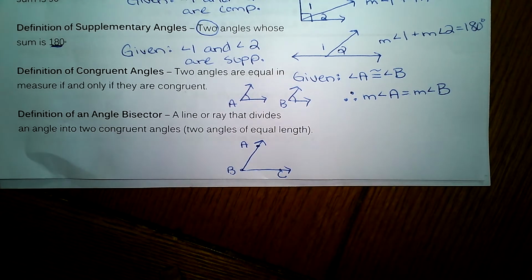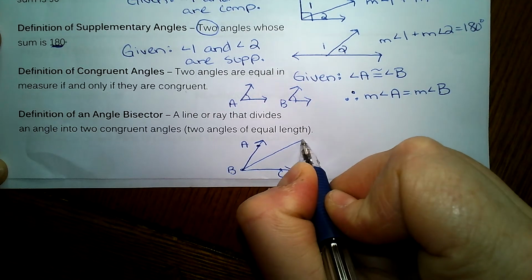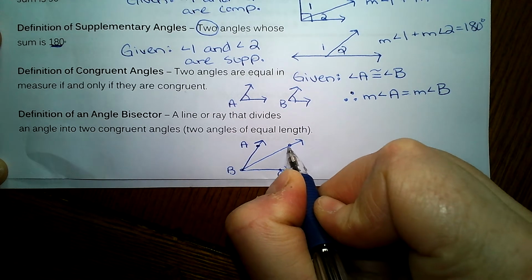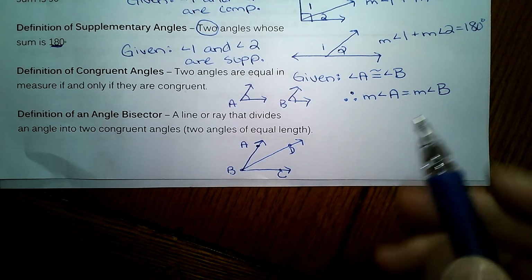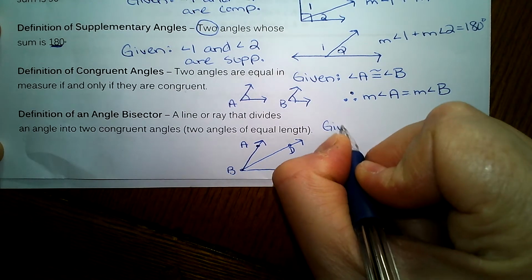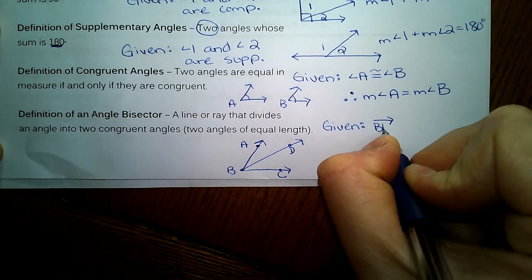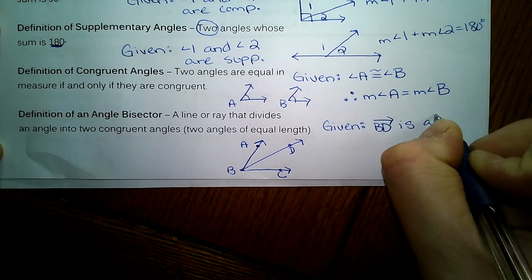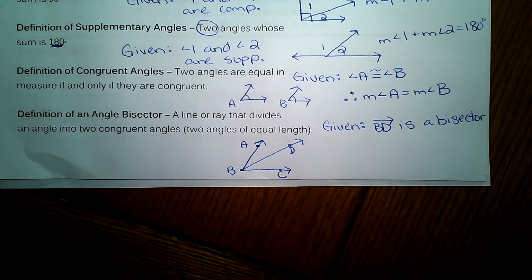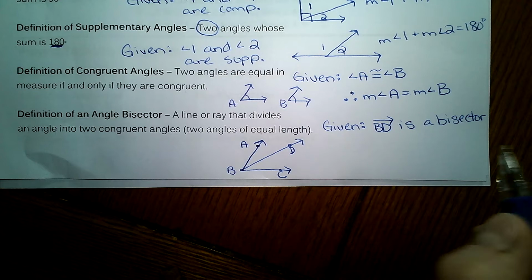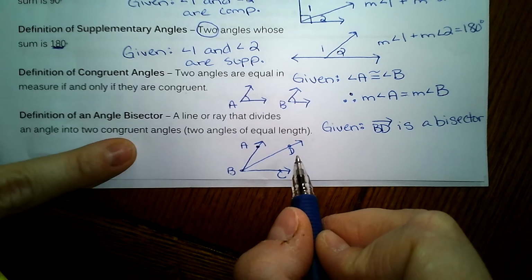Okay, and if I tell you that this ray, I'm going to call it ray BD, is a bisector, I'm giving this to you in the directions, ray BD is a bisector, then we should understand that the word bisector means it cuts the angle in half into two congruent angles.